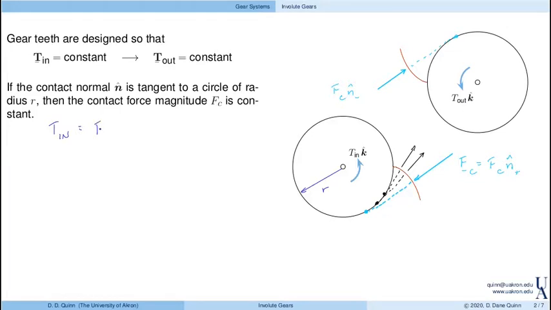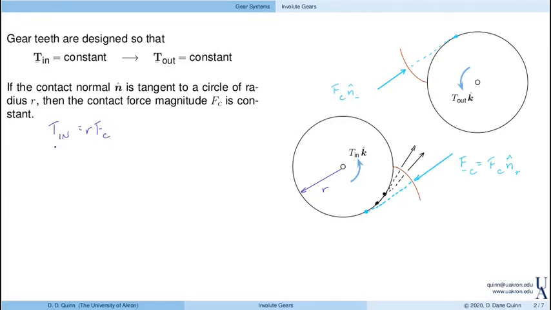So that's going to be R times Fc. And it really doesn't matter where this contact point occurs because the radius is always the same. If the input torque is constant, then the contact force is constant.